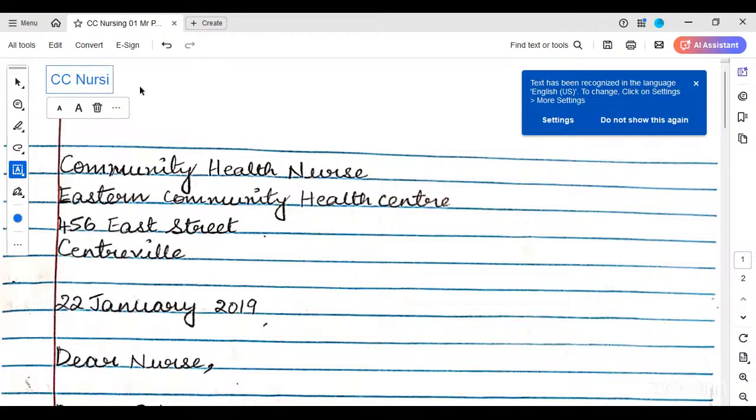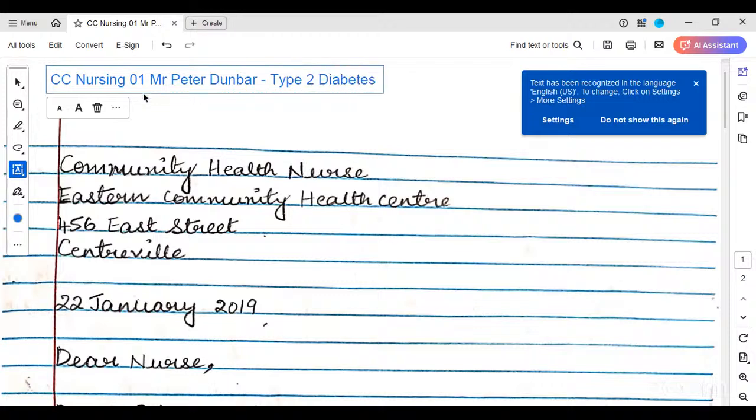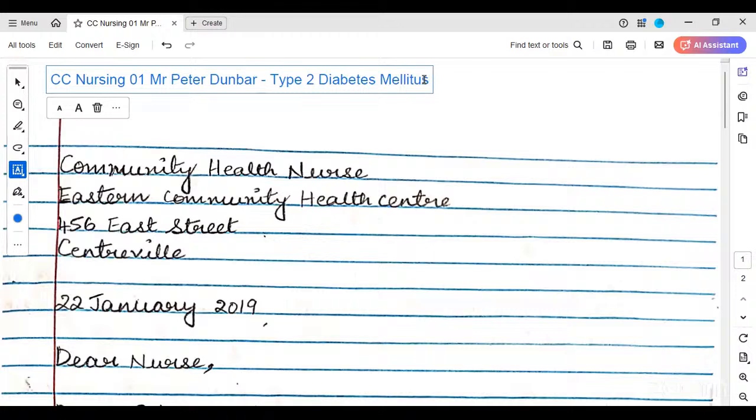This is for nursing, serial number 01. The patient's name is Mr. Peter Dunbar, and the case is type 2 diabetes mellitus. The name of the nurse is Elsa Manoj.